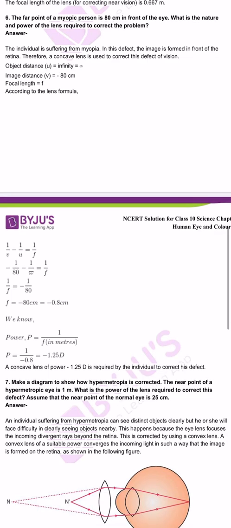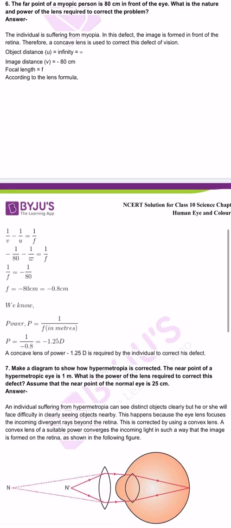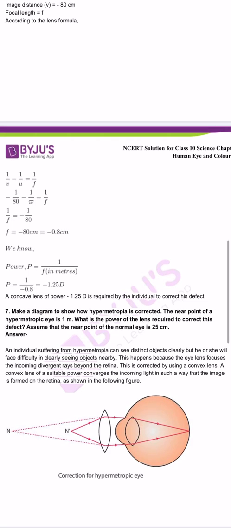Then the object distance, that is u, is equal to infinity. So, always in myopia, we take the object distance u as infinity, because the far point for a normal eye is infinity. Then the image distance, that is v, is minus 80, as given in the question, and we take it as negative. We have to find the value of f, and we apply the lens formula.